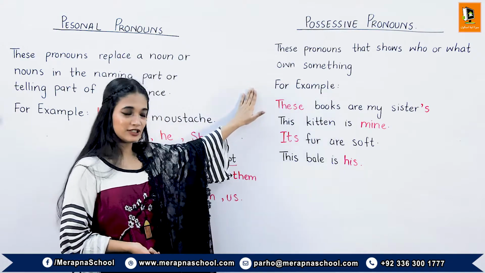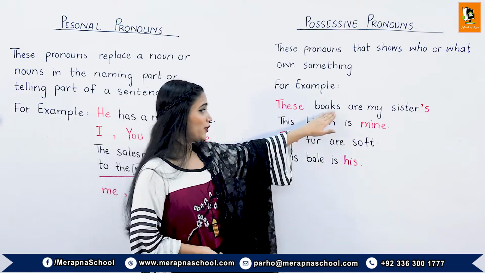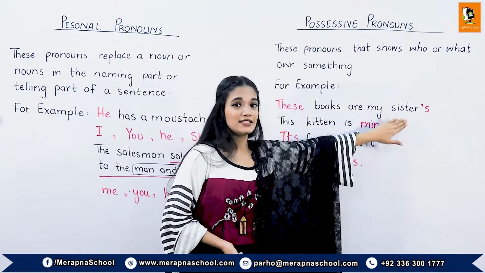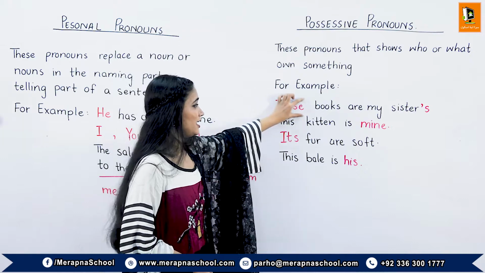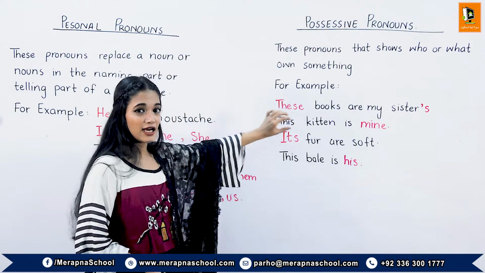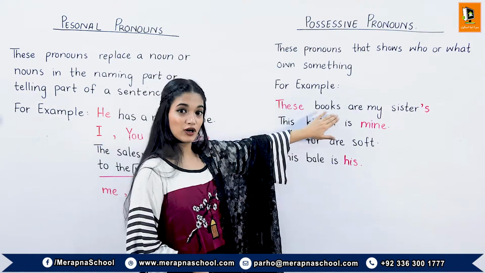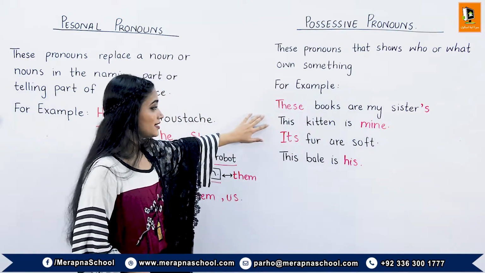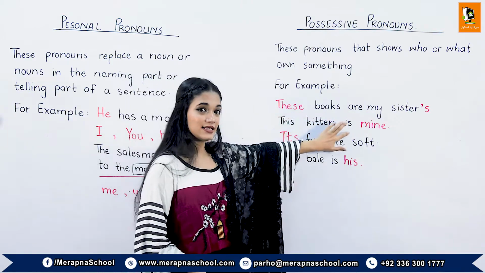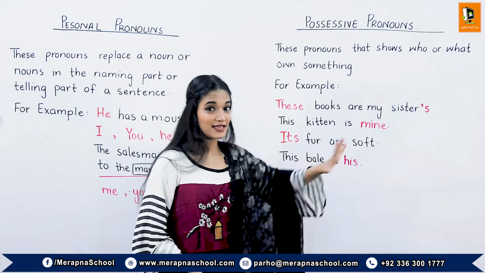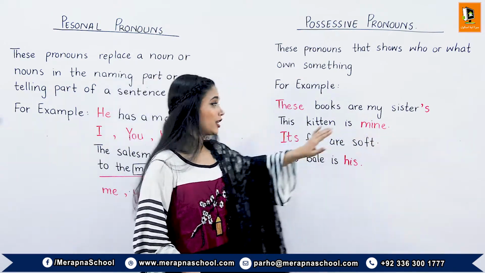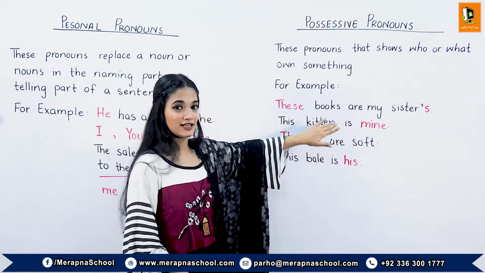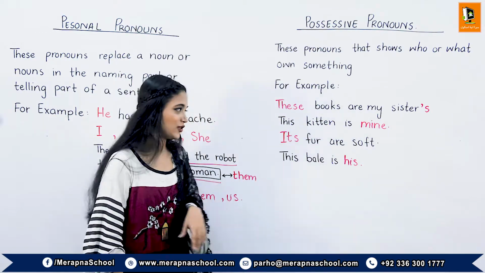For example, these books are my sister's. So these is showing the ownership of the books. This kitten is mine. In this sentence, mine is showing the ownership of the kitten, which is a possessive pronoun.